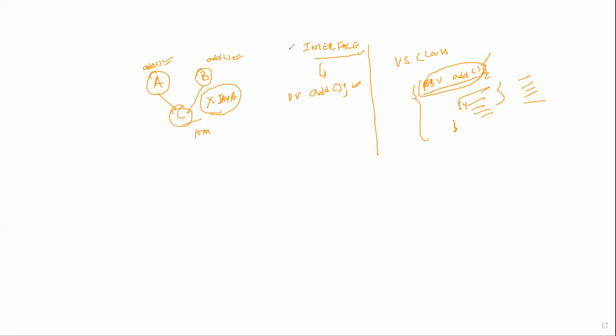So interfaces will have only unimplemented methods. For example, in an interface, I have add, subtract, multiply, div. All these are unimplemented methods. This is where an interface is defined.